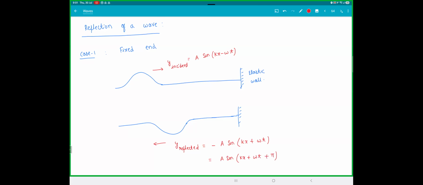So this will go out of phase by pi. What do you mean by that? Think about it. Crest became trough, isn't it? Crest meaning plus 90, trough meaning 270. What is the difference? 180. So plus A to minus A, the phase angle is 180 degrees. So the incident wave and the reflected wave are out of phase by 180 degrees.